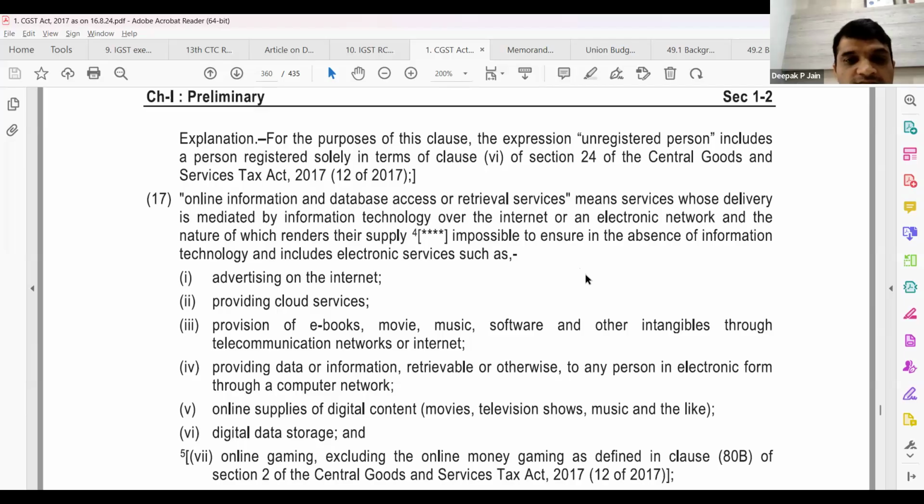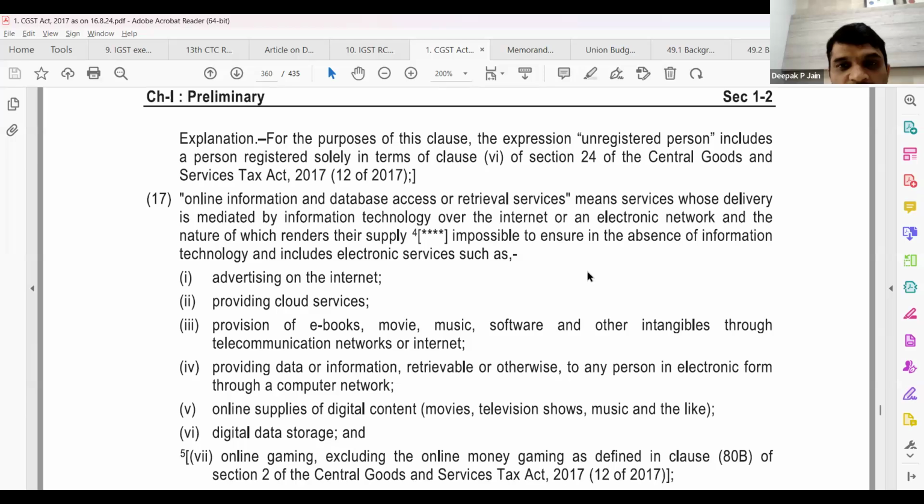Okay. Deepak sir, why don't you see the Information Technology Act 2000, wherein they have defined the terms information technology and electronic network. I think they're defined there. So probably if you look into the IT Act, that will help us and should resolve your queries. I don't know if you have any slide on the definitions in the IT Act. No, I have not included that.